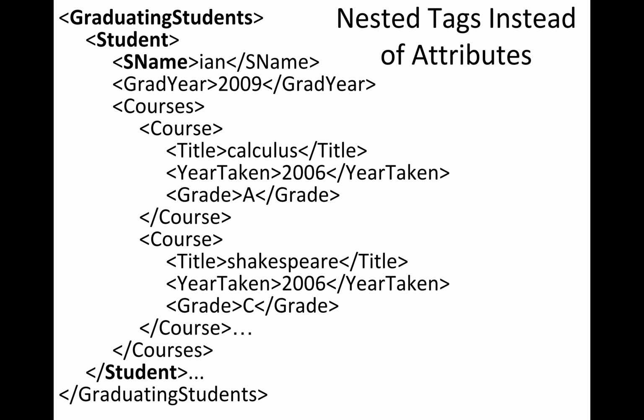So you would use other ideas like we've considered when we normalized relational databases, using references, where instead of embedding courses as part of the student, perhaps we have a section that captures only students and another section that only captures courses, and where the list of courses for the student only references the ID of the course that is then represented elsewhere. Again, it depends on the use case. How are you going to be using this? It's going to come up a little later when we talk about JSON. We're going to have exactly the same issue.